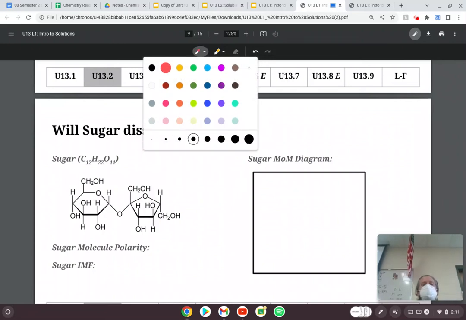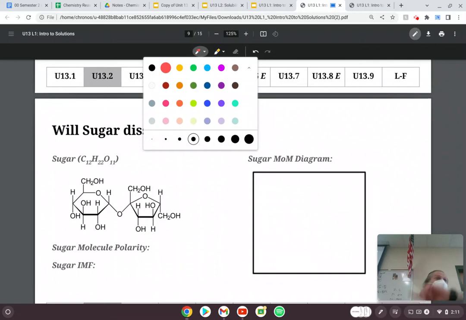So which intermolecular forces are present if it's a covalent compound? What would be one of them? We just took a quiz on it, so I know it's fresh in your memory. What could be one of the intermolecular forces present in sugar?